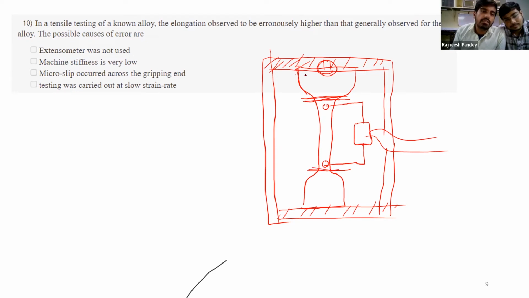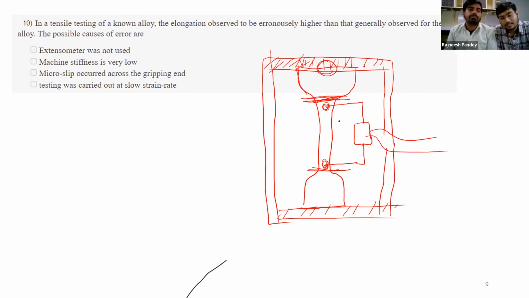If we measure the elongation of the material of the equipment itself, then it will give you a wrong value. So if you are going to perform the tensile test, you put this extensometer at the extreme ends of the gauge section, for the accurate measurement of the elongation in the gauge section only.